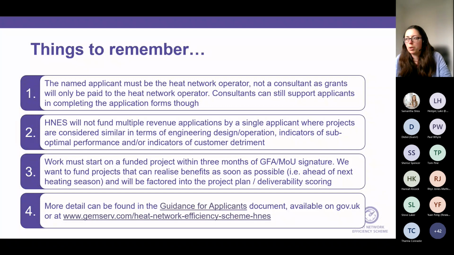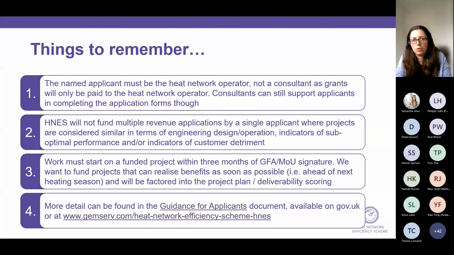We will not be funding multiple revenue applications by a single applicant where projects are considered similar. The revenue pot for HNES this time around is significantly smaller than the capital pot, at only £2 million.